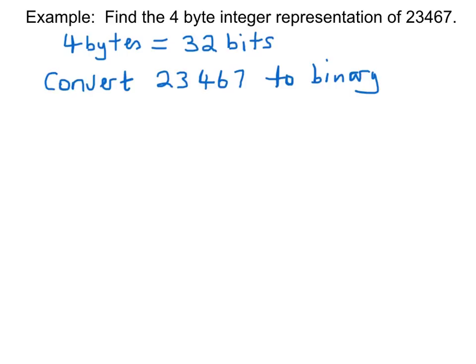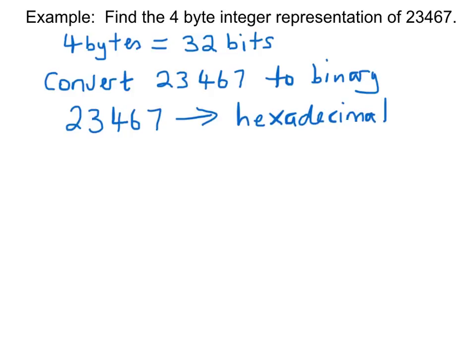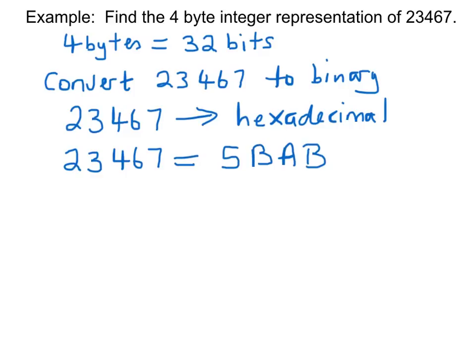What you should do is take 23,467 and on your calculator convert it to hexadecimal, base 16. And what you'll find is that 23,467 is equal to 5BAB in base 16.